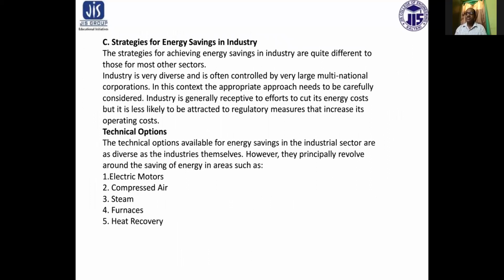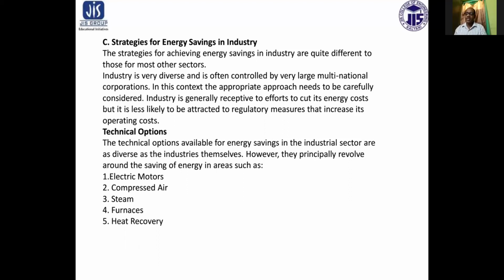Number C, strategies for energy savings in industries. The strategies for achieving energy saving in industry are quite different to those for most other sectors. Industry is very diverse and is often controlled by very large multinational corporations.